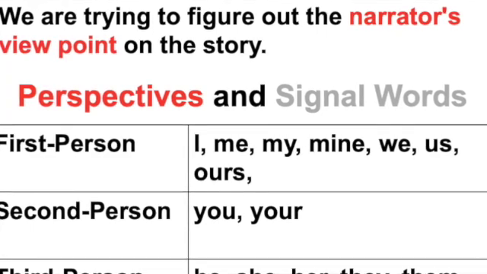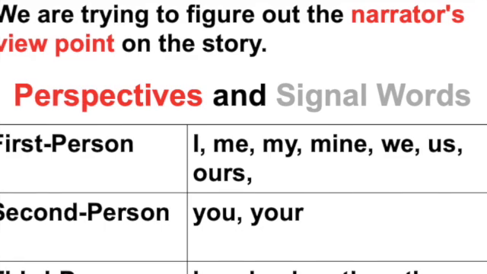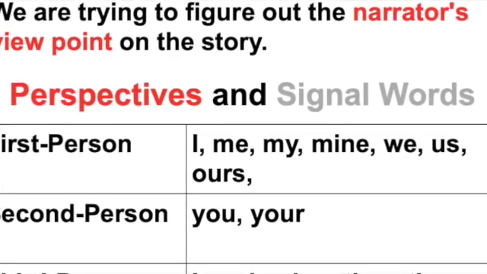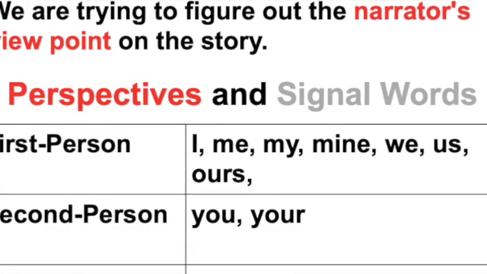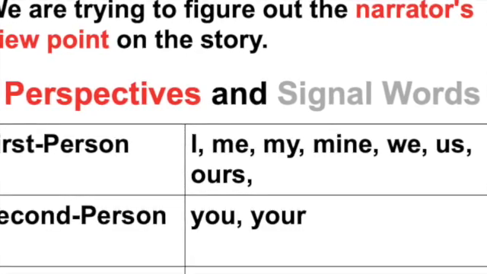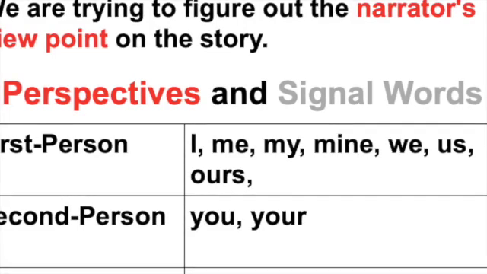In second person, we're going to see you and your. And in third person, we're going to see he, she, her, they, them, or also the characters' names. Now remember, we are not looking for these pronouns in quotation marks. The dialogue does not count.